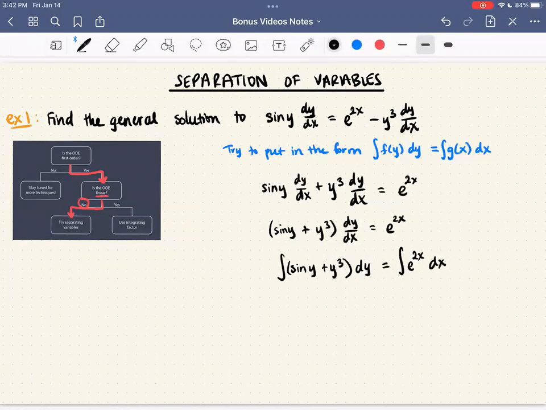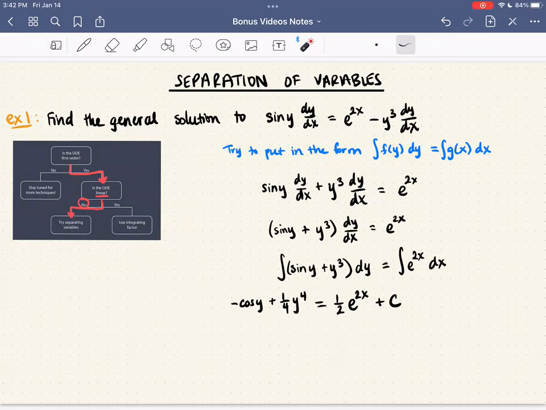I have separated the variables, so I'm going to go ahead and integrate the expressions. On the left here, I've got negative cosine y plus 1/4 y to the 4th. And that's equal to, on the right, this integral is going to be 1/2 e to the 2x plus our constant of integration, c.